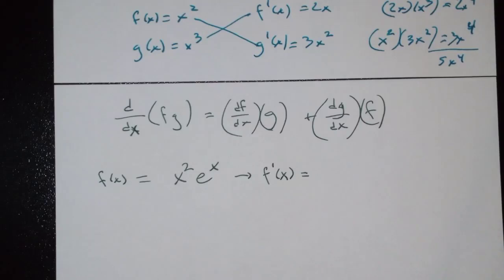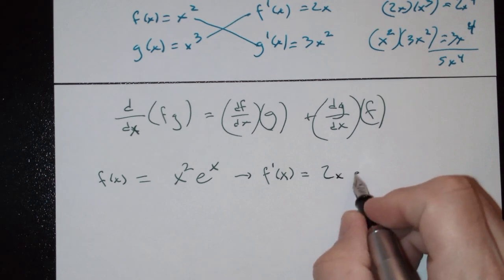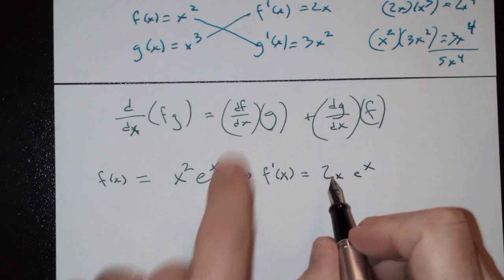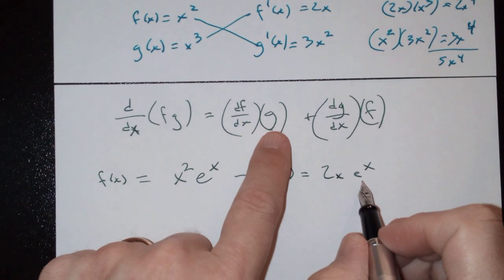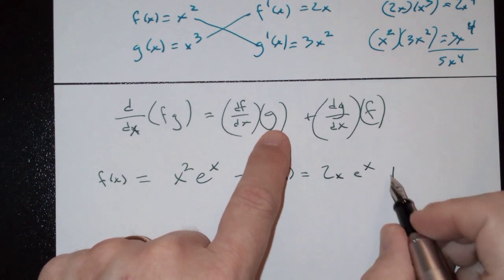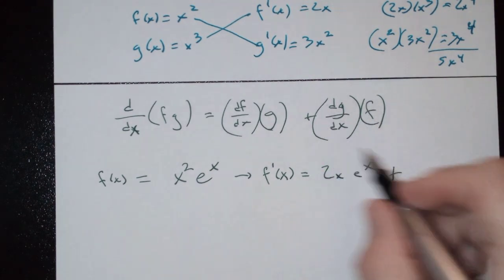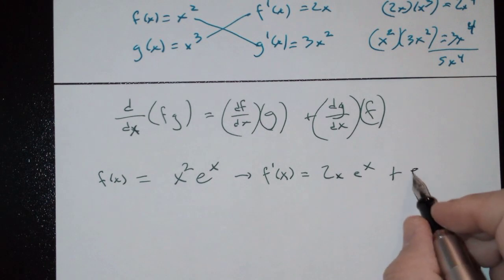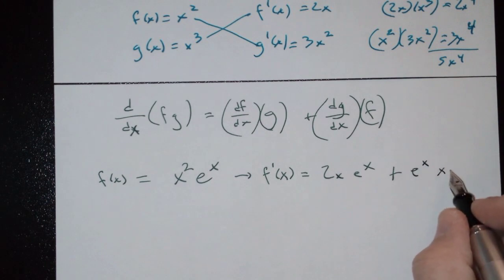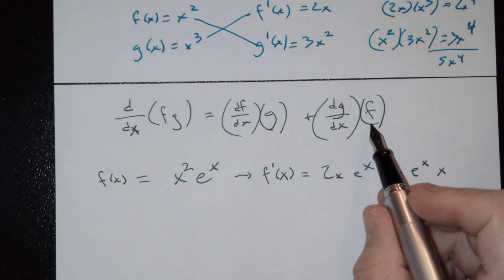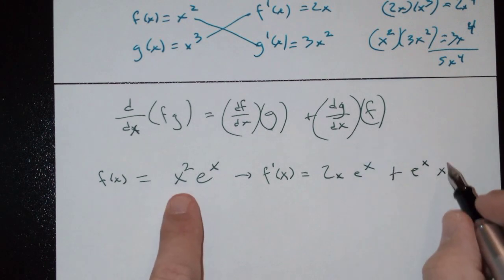I told you I was going to use this phrase a lot. That's the derivative of the first, leaving the second alone. So now I need this part. It is. The f here doesn't change.